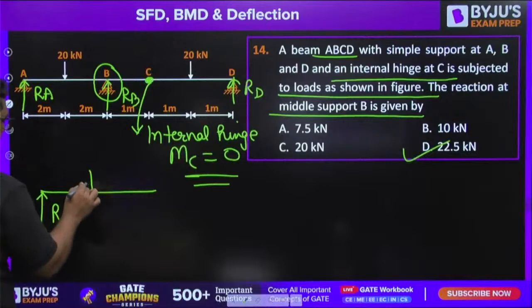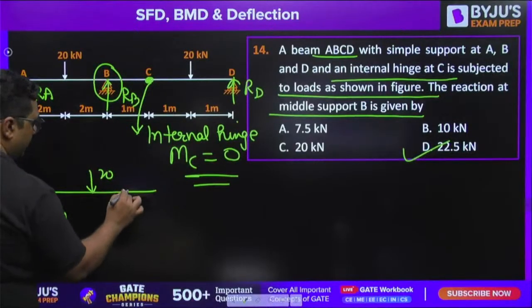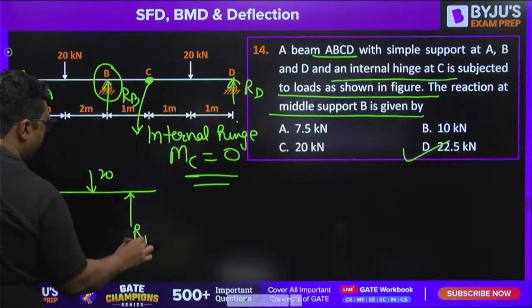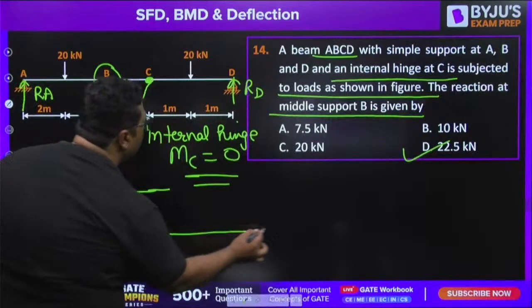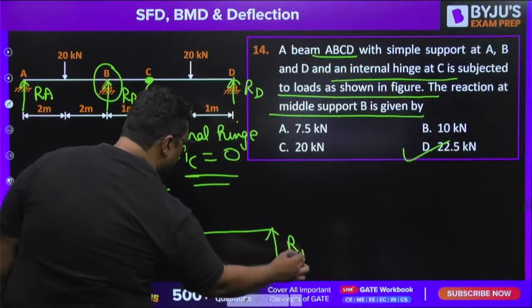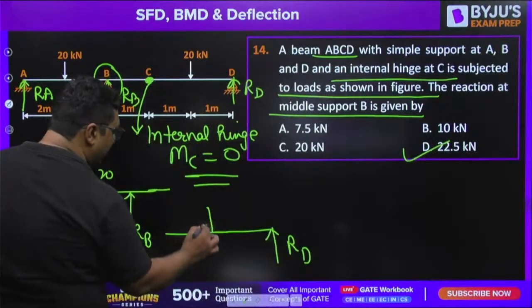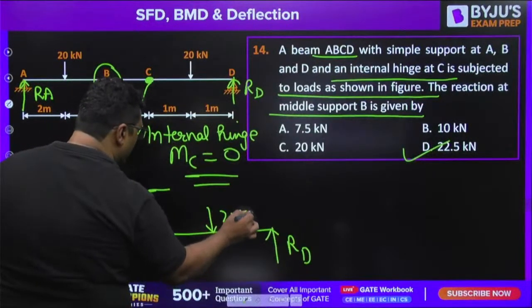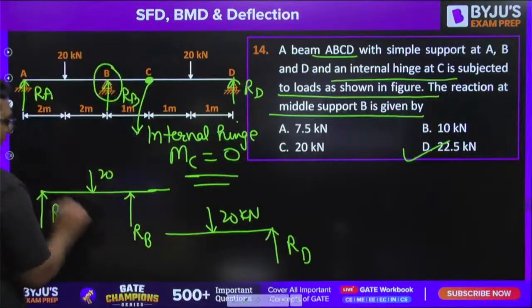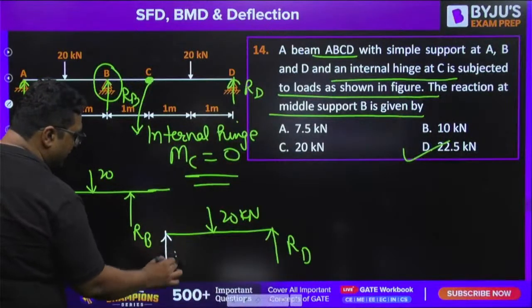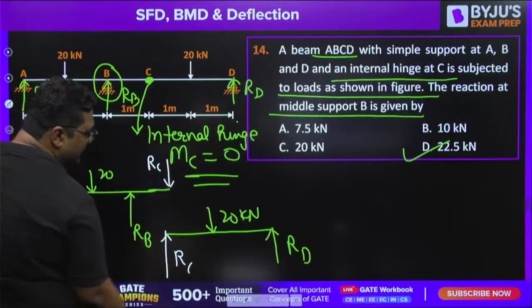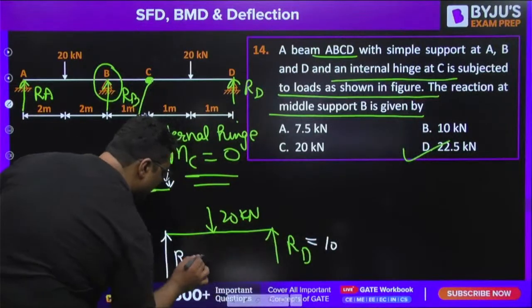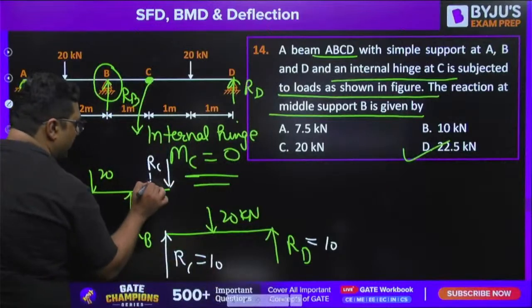RA, RB, and at C there is a hinge, and this is RD. This load is 20 kilonewton. As per the rule we will assume a support reaction here, that is RC, and the same will be coming here, RC. By symmetry this is 10, this is also 10.